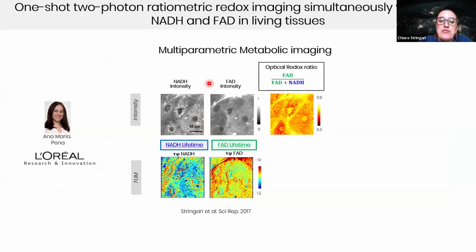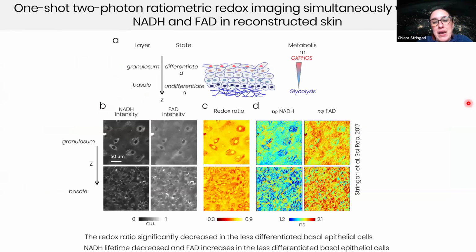And here we demonstrated the first one-shot NADH and FAD intensity and FLIM imaging in tissues. And we were really able to map metabolic gradients that are associated with stem cell differentiation in the skin.